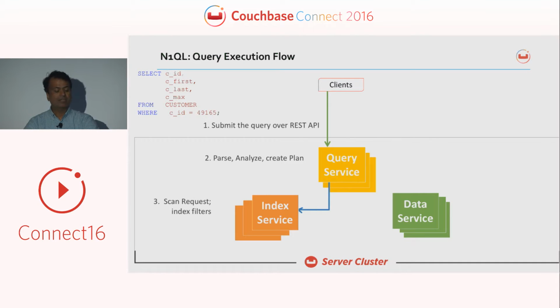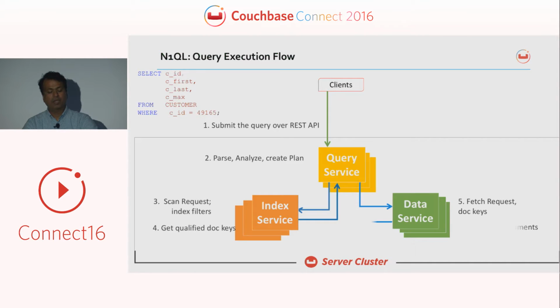So once the plan is executed, if you're using the index, we request the index service for a scan request. We push down the filters. Index does its magic, gets you back the qualified document keys. And then if required, we go into the data service to fetch the relevant data, fetch the documents, then do the additional filters and joins.